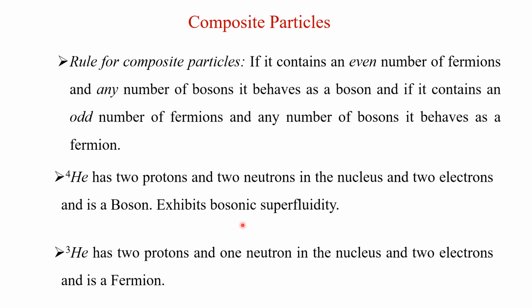It exhibits the bosonic superfluidity. Then similarly, if you consider helium 3, which has two protons and one neutron in the nucleus and two electrons, it is a fermion. Because in the nucleus you have an odd number of fermions, naturally helium 3 behaves like a fermion.